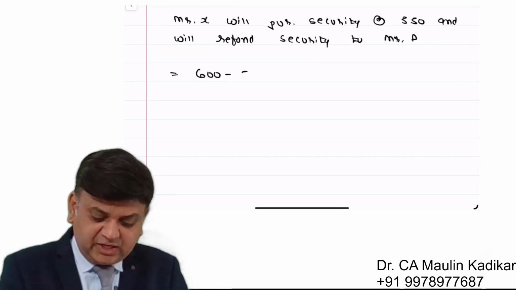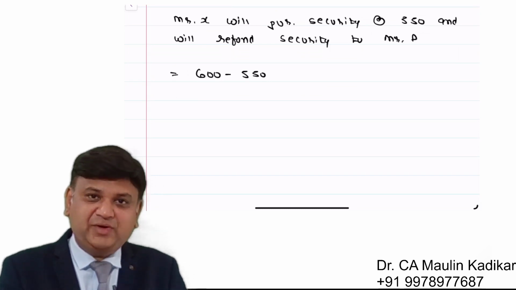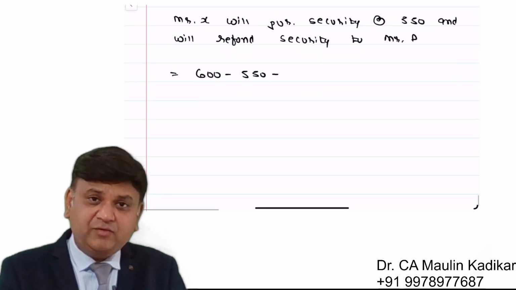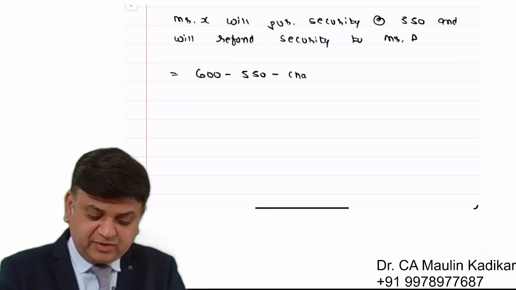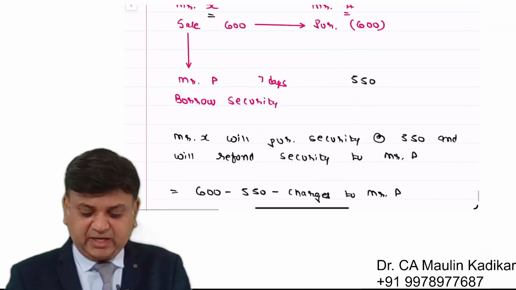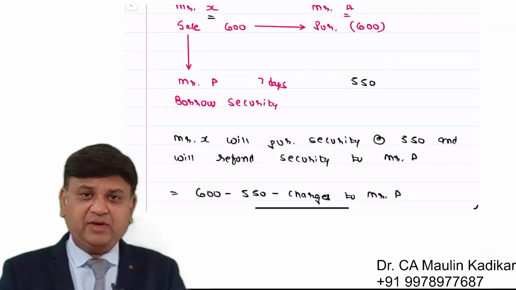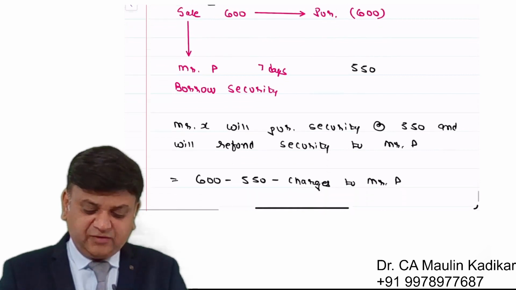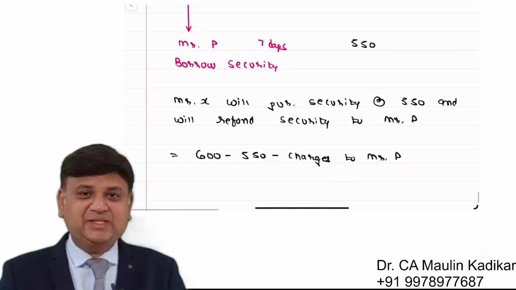He purchased security at 550 for the purpose of refunding. And along with that, he is required to make the payment of the charges to Mr. P, because Mr. P lent security to Mr. X. That is the way Mr. X will have the final profit or loss from the transaction.